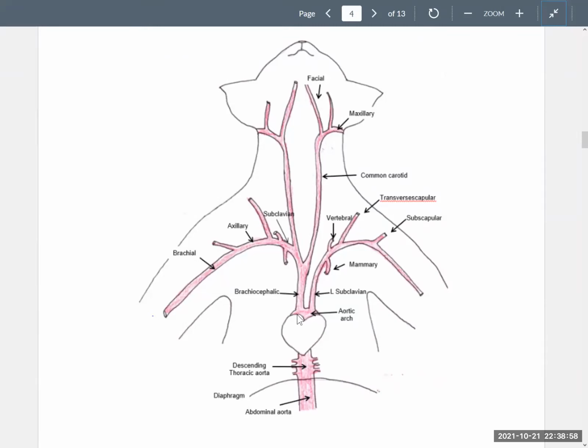Okay, here's the aortic arch. And as it arches over, it goes behind the heart, goes down, and becomes the abdominal aorta once it passes the diaphragm. Before it passes the diaphragm, the end of the aortic arch going down to the diaphragm is called the descending thoracic aorta.